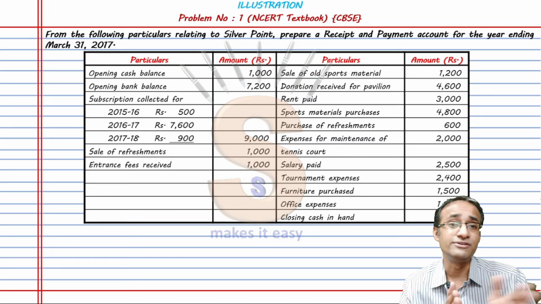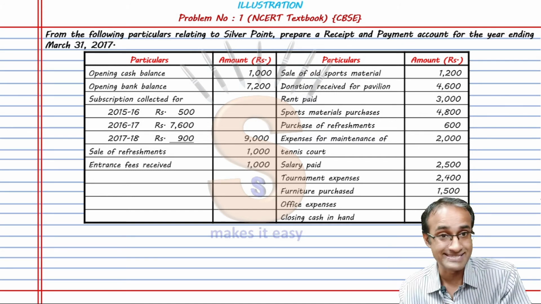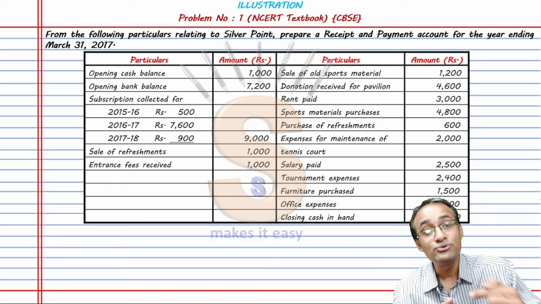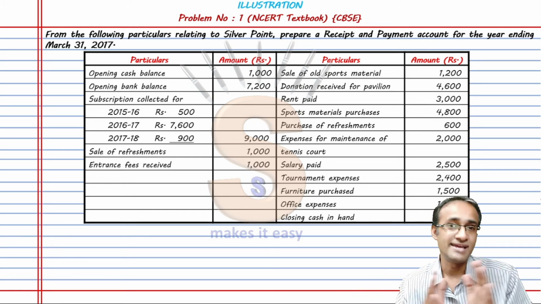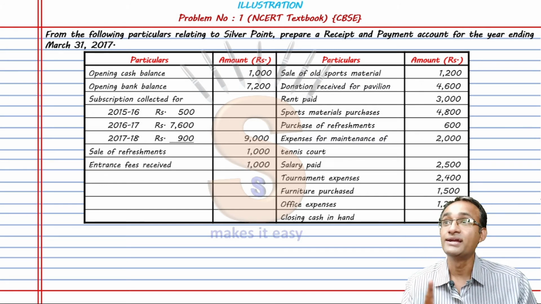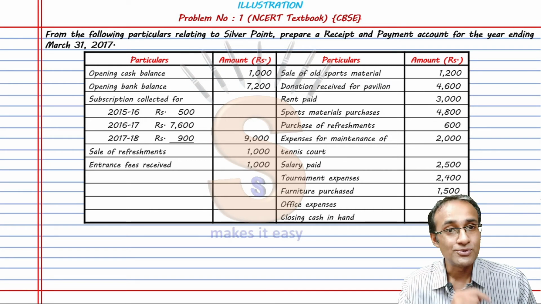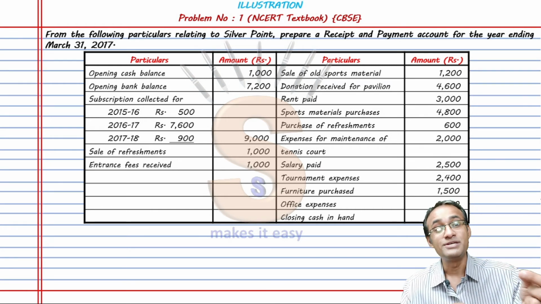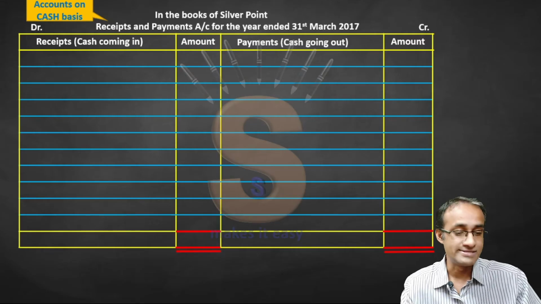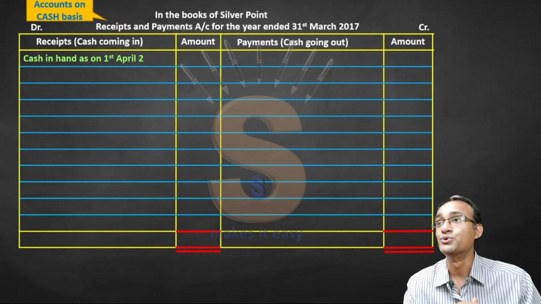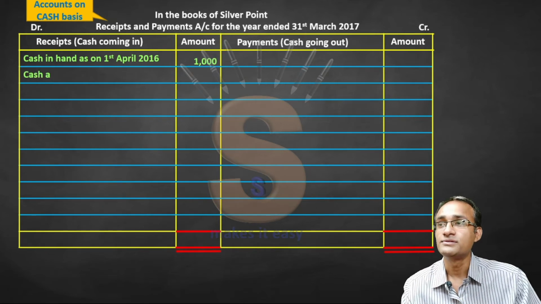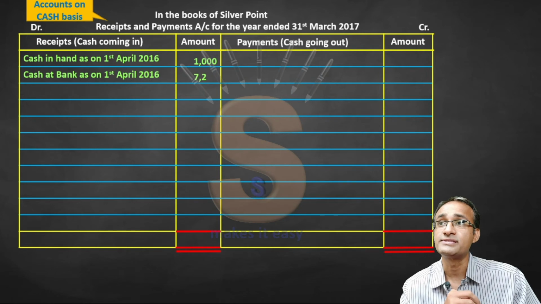Now March 31st 2017, so it begins in 16. Okay, now is the list, a left list and a right list. Okay, we have to convert it to receipts. $1,000 and cash at bank on 1st April 2016 7,200.